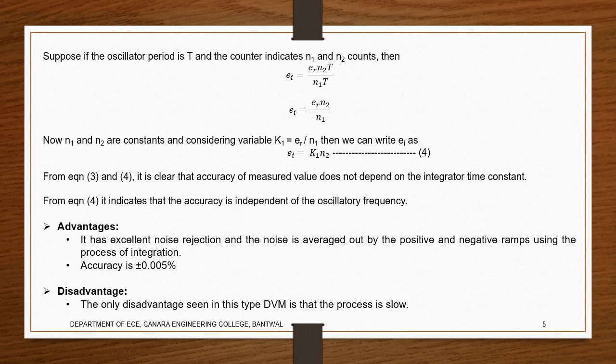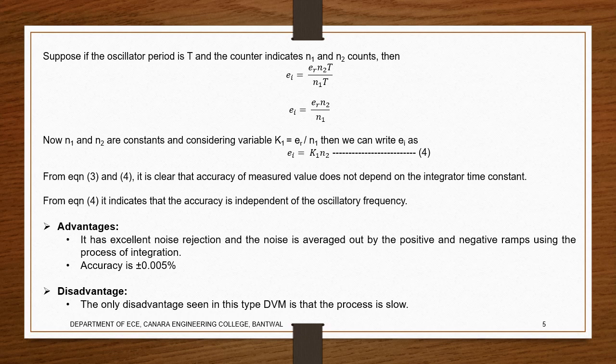From equation 4, it indicates the accuracy is independent of the oscillator frequency. So it is purely the time intervals we have, and it is not affected by the integration values or any time constant. Only T1, the charging, and T2, the discharging, time intervals will be taken and used for the voltage values.